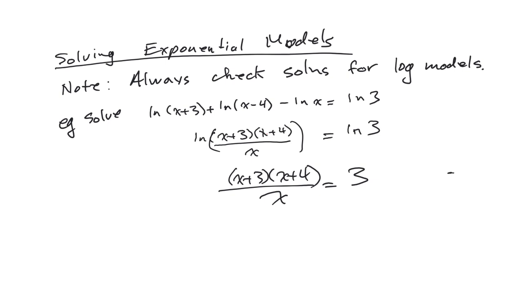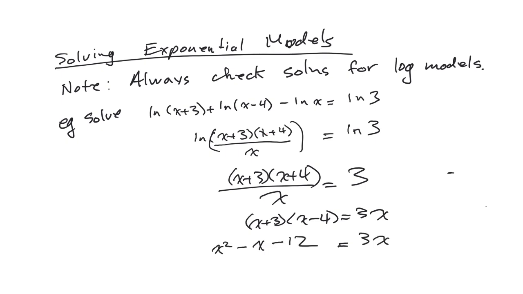Now we'll multiply both sides by x, and you end up with (x plus 3)(x minus 4) is equal to 3x. Now expand the left side, and you're left with x squared minus x minus 12 is equal to 3x.